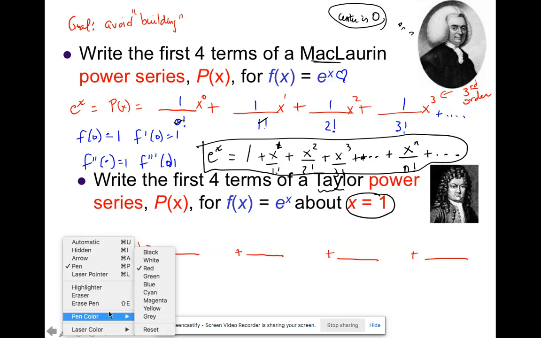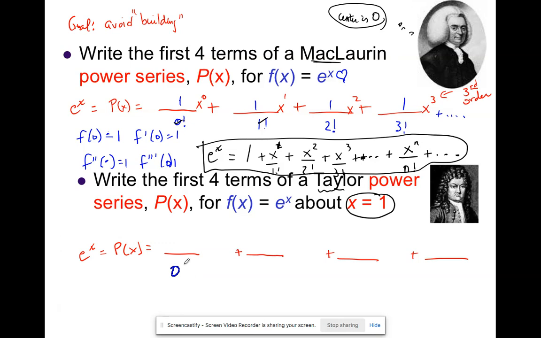Which means you do have the factorials of 0 factorial, 1 factorial, 2 factorial, and 3 factorial. But you have here to the first power, to the second power, 0, 1, 2, and 3. And then, of course, dot, dot, dot. You don't have just x anymore.